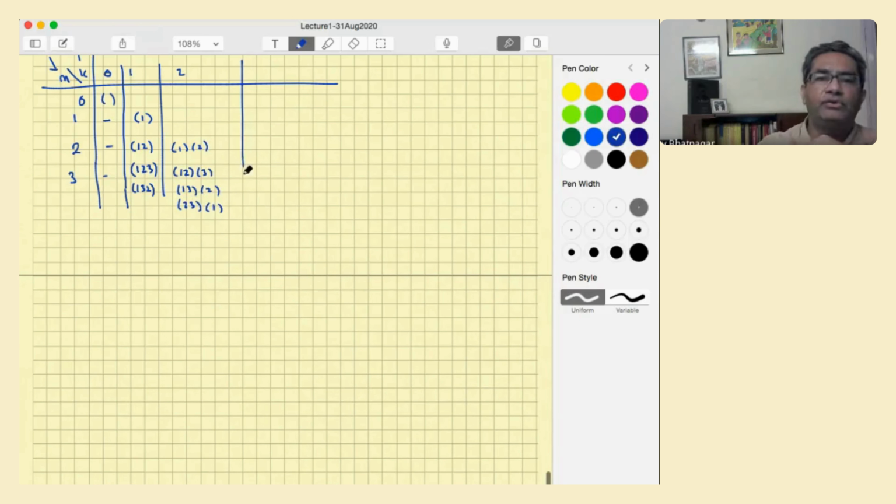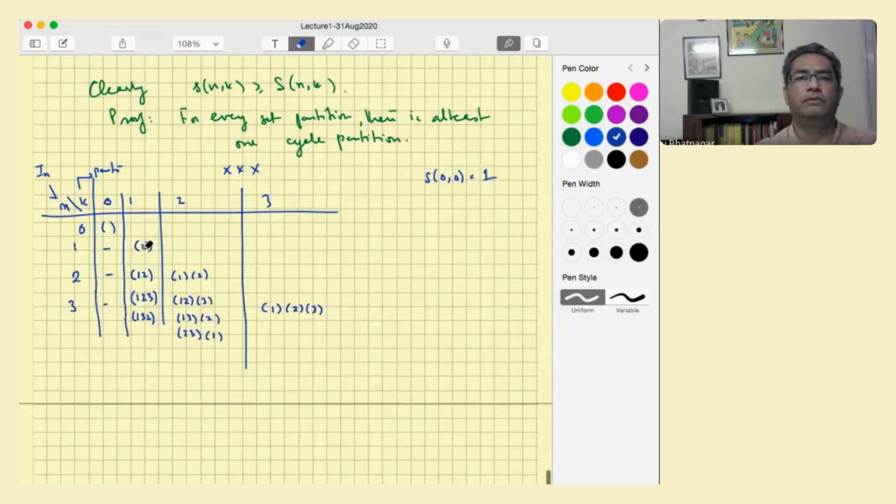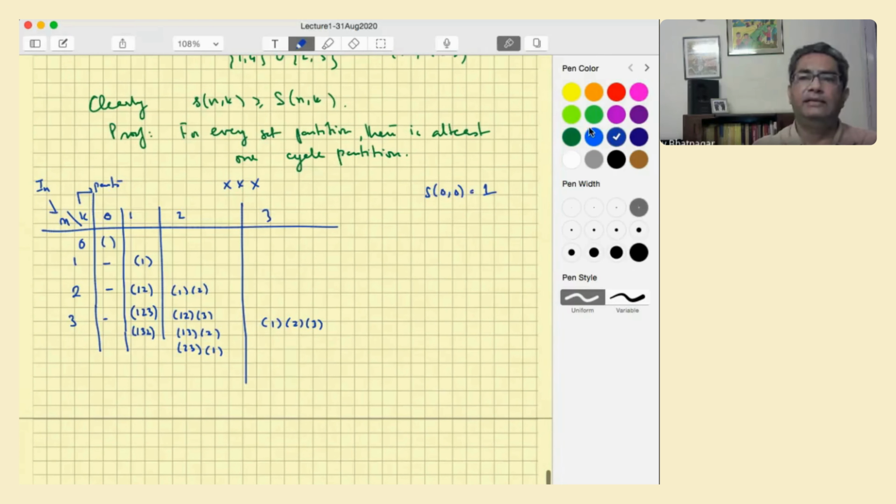So far it looks very much like whatever we had. Into 3 parts, there is going to be only 1. So again, one thing is coming out clearly: S(n,n) is also 1.